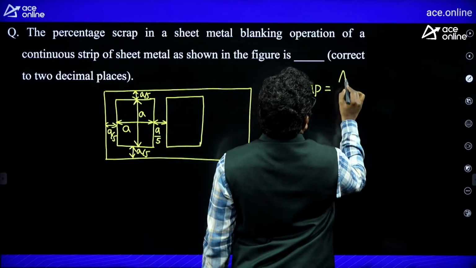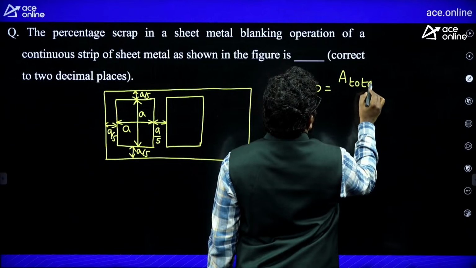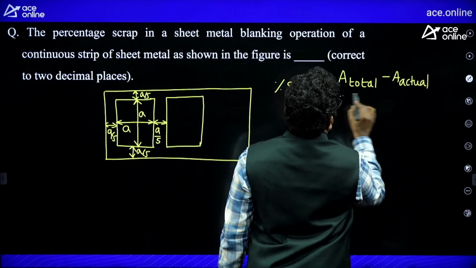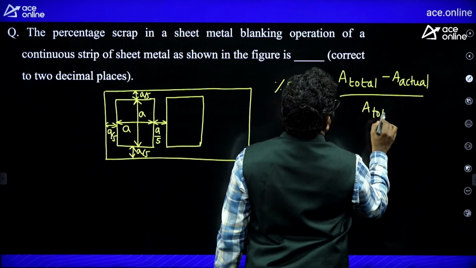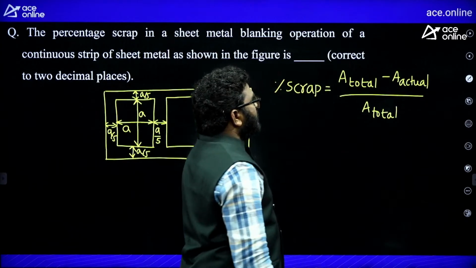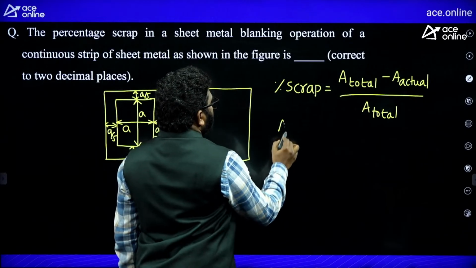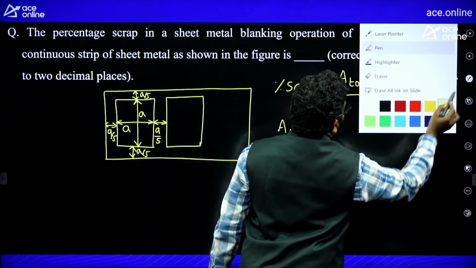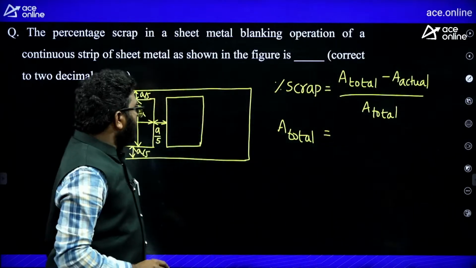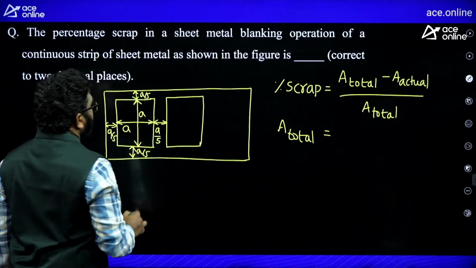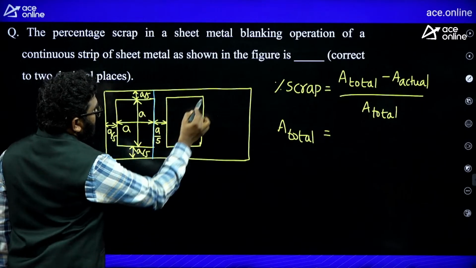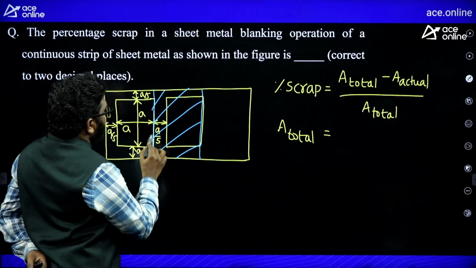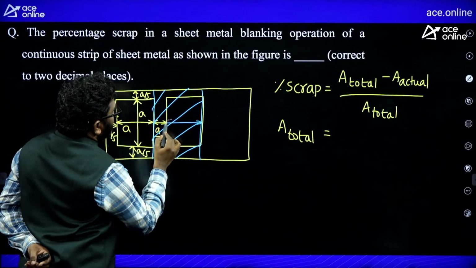Percentage scrap is equal to the total area we used minus the actual area of the blank, divided by the total area. Now, how much total area are we using here? Listen carefully. One side scrap we should give, A by 5, plus A, and the other side as well.